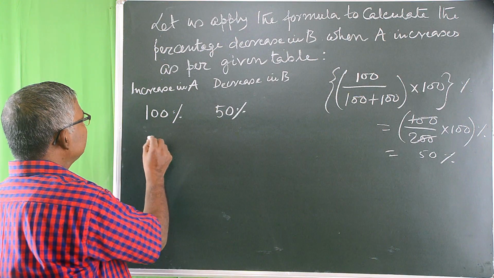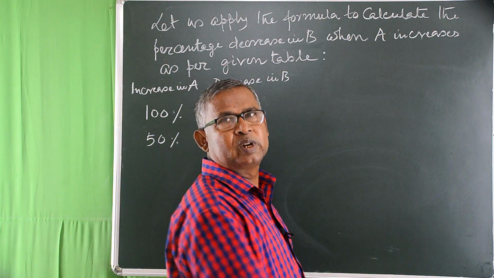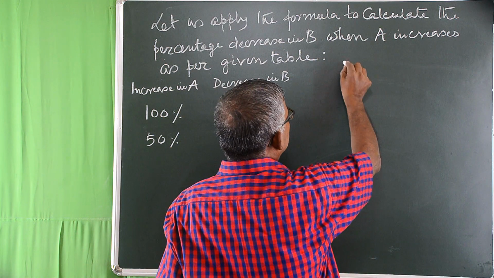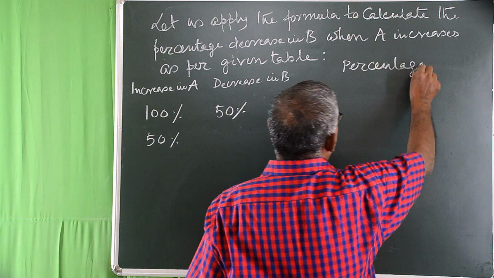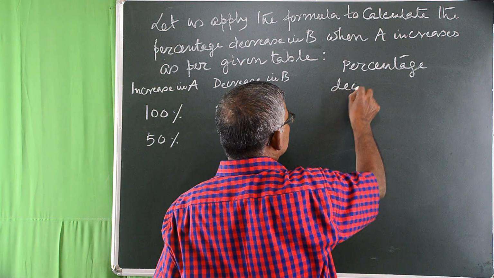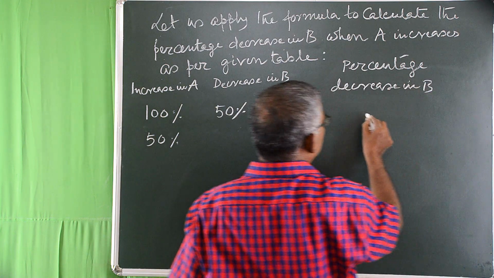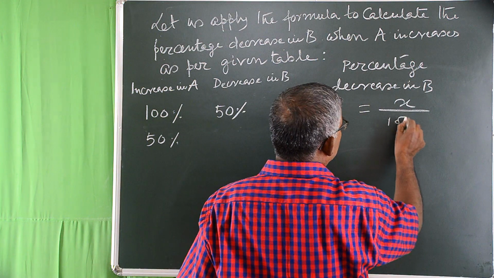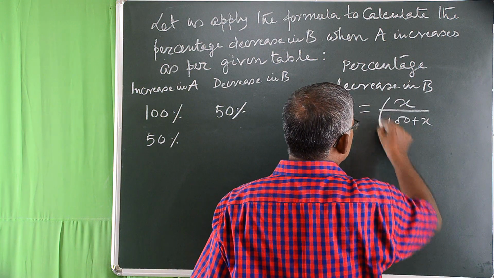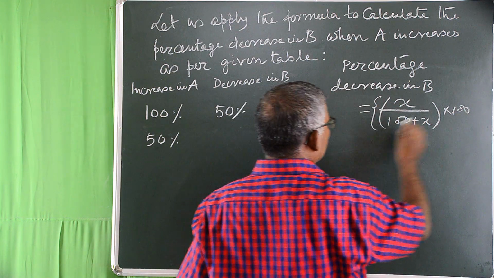Let A be increased by 50%. Students, we know the formula: percentage decrease in B equal to X by 100 plus X into 100%.